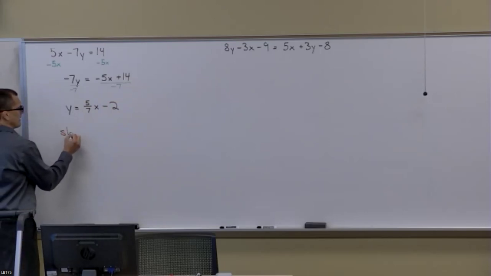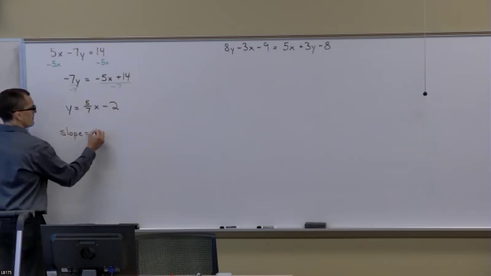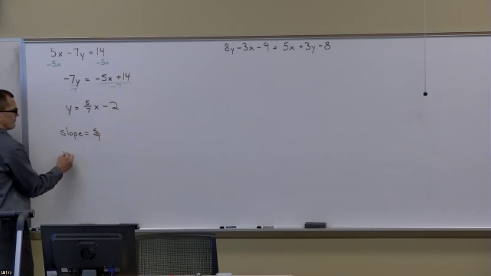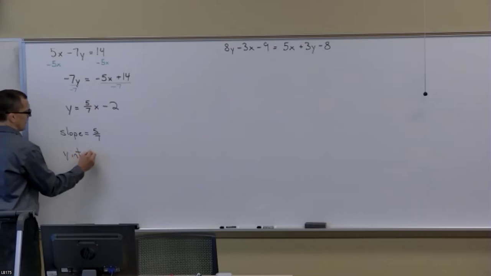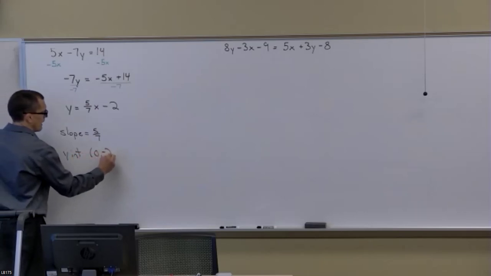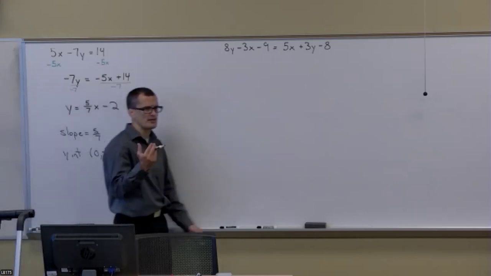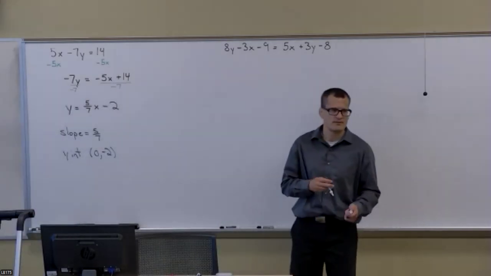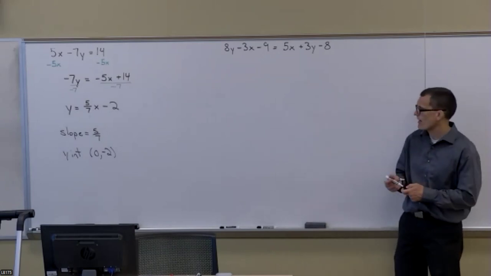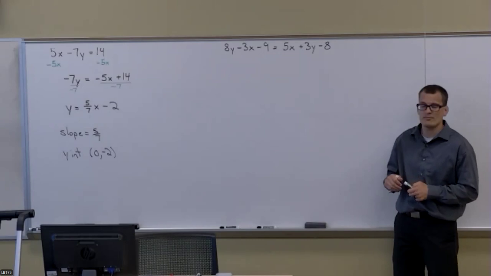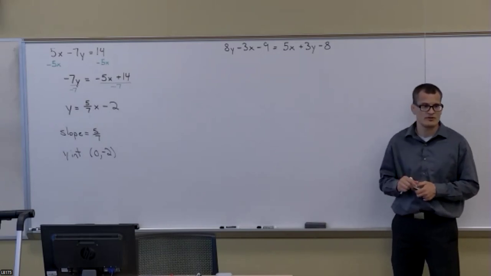And now I can read off the slope is 5/7. Also, the y-intercept, the question didn't ask for the y-intercept, but the y-intercept is (0, negative 2). And if you wanted to graph based on that, it'd be a really easy thing to do. We could graph that line using the slope and the y-intercept. I'm not going to.